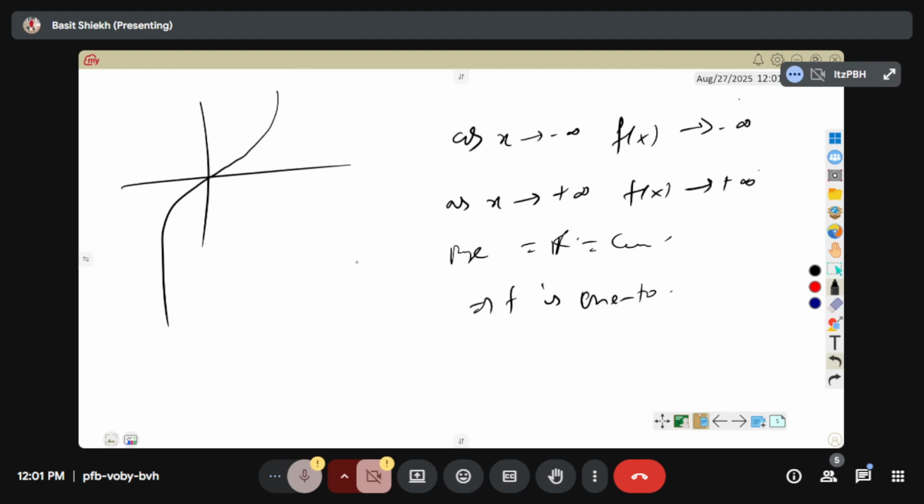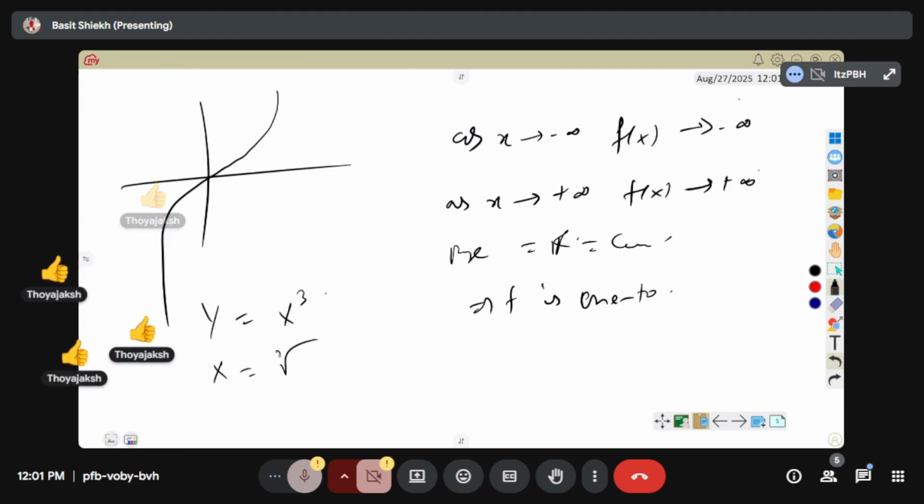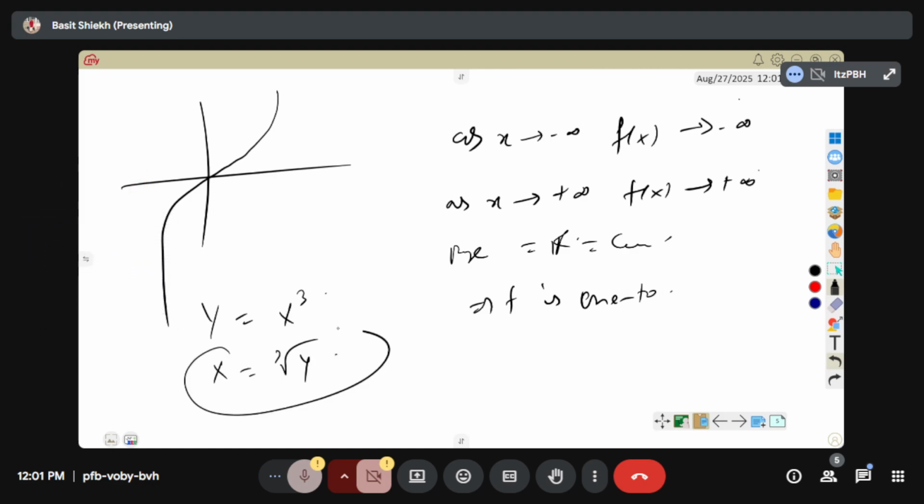Or you can write y = x³. Now write this in the form of x, it will be the cube root of y. This function is defined for all real numbers. Is this clear? This cube root function is defined for all values of y.